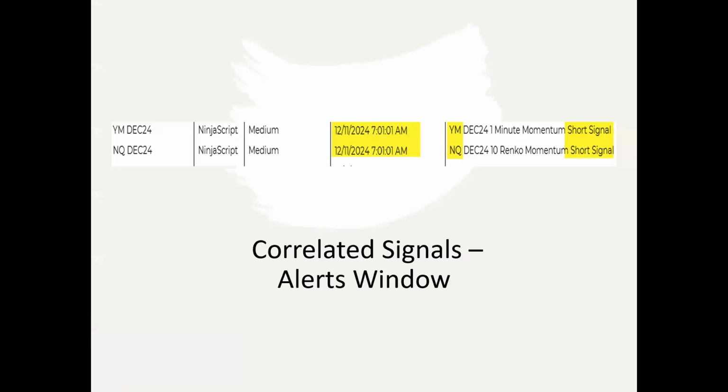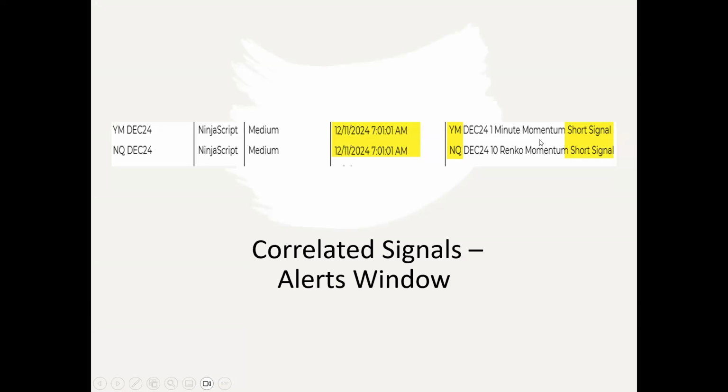All right, so I talked earlier about correlation in these markets. And with the NinjaTrader platform, NinjaTrader has the alerts window. So if you open up your alerts window, every time we get a signal, it's going to show up in this alerts window. Like I said, I like to see correlated signals.